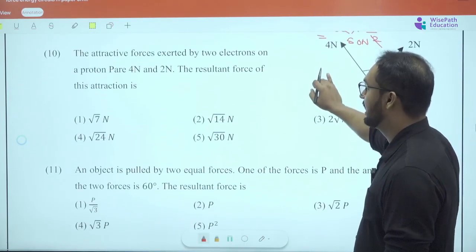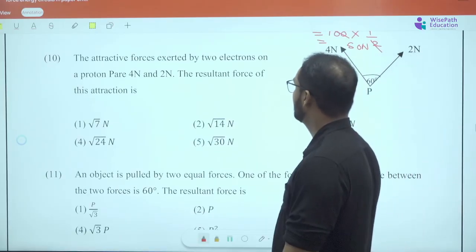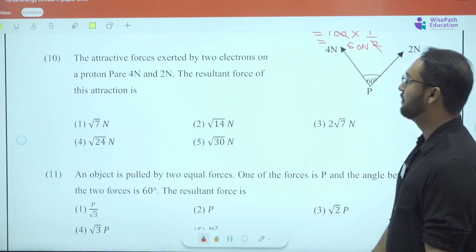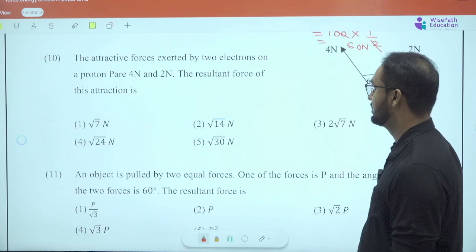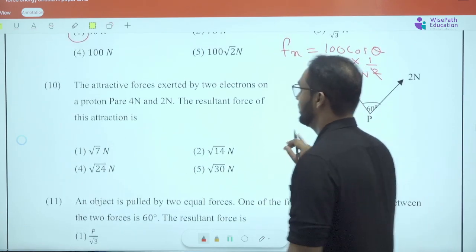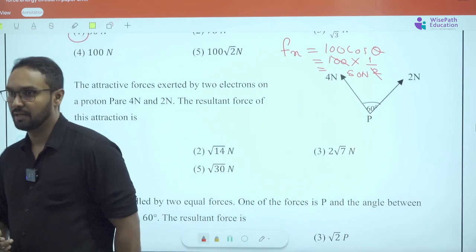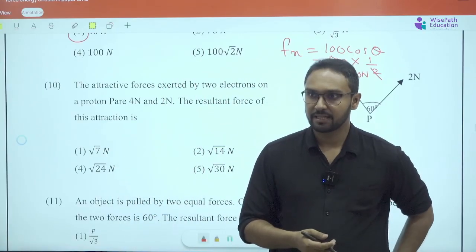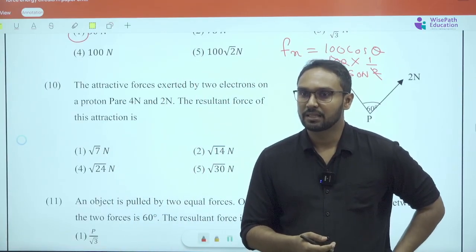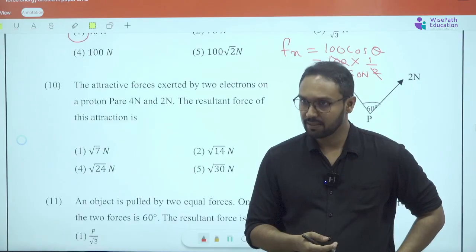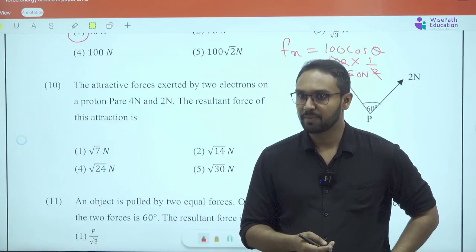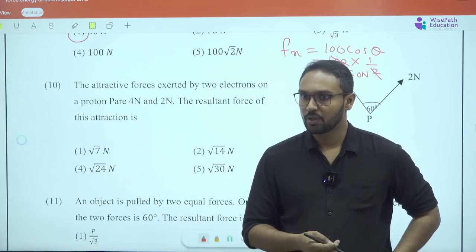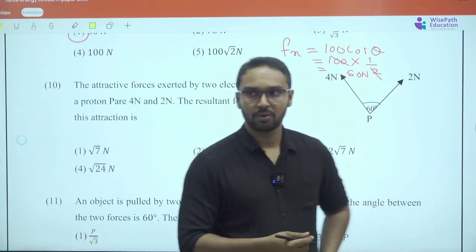Right. 10th question. The attractive forces exerted by 2 electrons on a proton are 4 newtons and 2 newtons. The resultant force of this attraction. So resultant force, if 2 of the forces are acting at an acute angle, is given by R square equals P square plus Q square plus 2PQ cos theta.